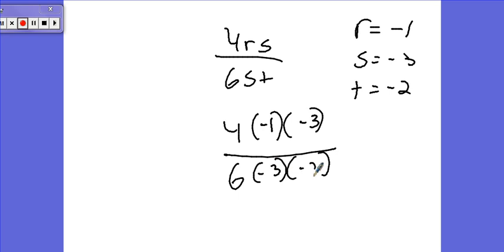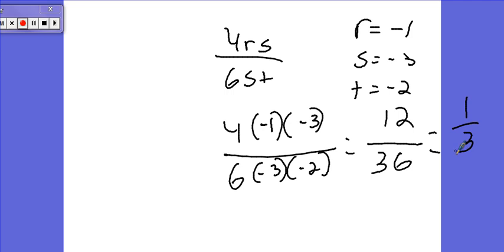So the top, 4 times -1 times -3 would make positive 12. On the bottom, 6 times -3 times -2 would make positive 36. 18 times 2. Then I would reduce that and I would get 1/3.